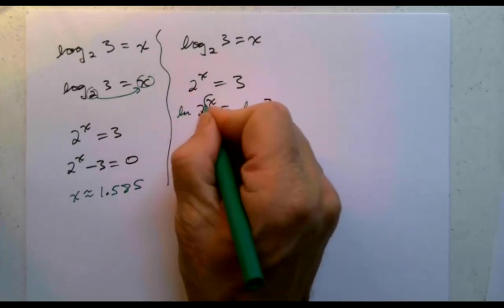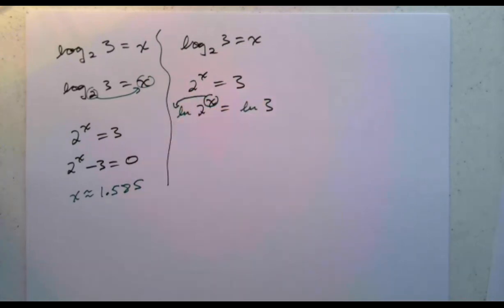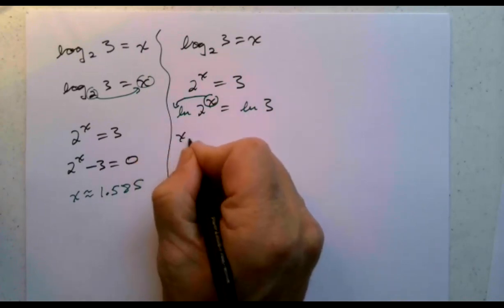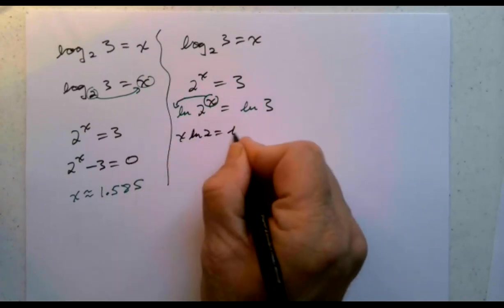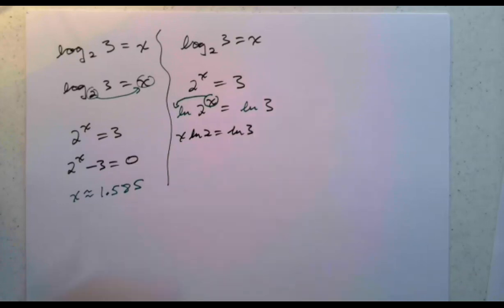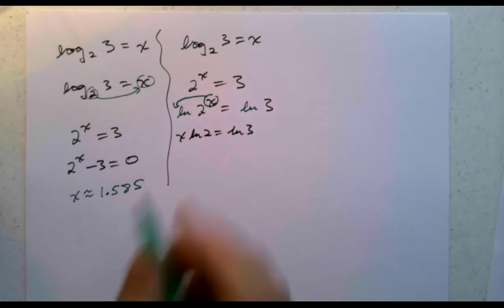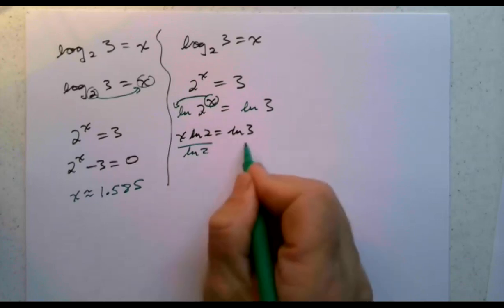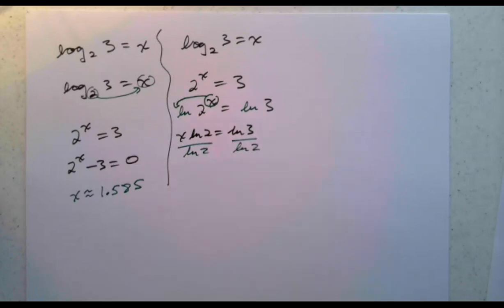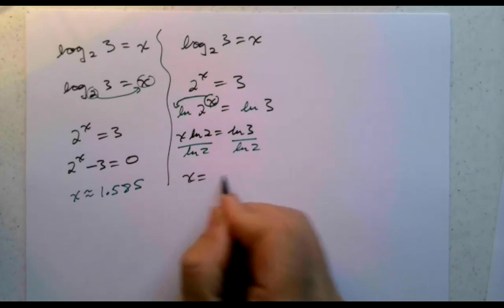We'll pull this x down in front. X times the natural log of 2 equals the natural log of 3. And now we have an exact answer, dividing both sides by natural log 2. We get x equals natural log 3 divided by natural log 2.